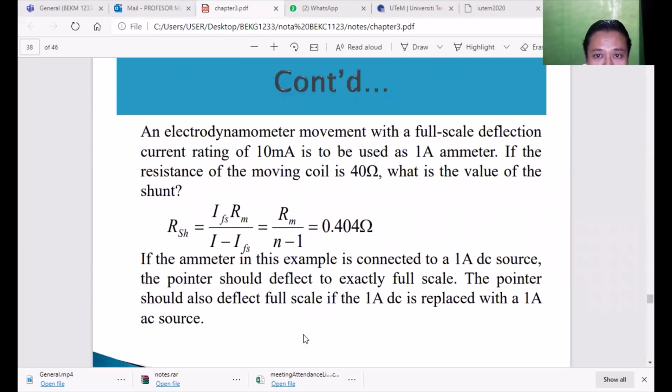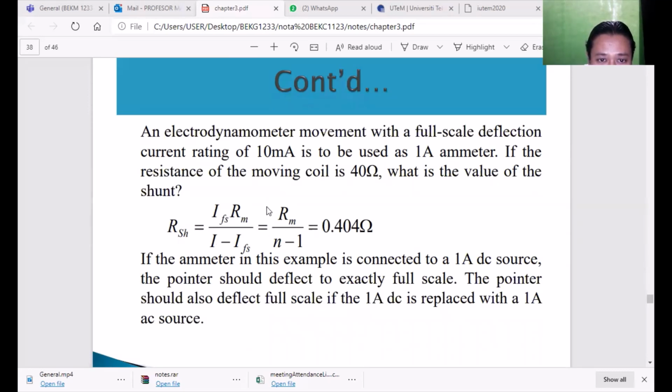The electrodynamometer movement with a full scale deflection current rating of 10 milliamperes is to be used as a 1 ampere meter. If the resistance of the moving coil is 40 ohms, what is the value of the shunt? The formula for shunt resistance is full scale current multiplied by Rm, divided by total current minus full scale current. Substituting and cancelling out the full scale current, it becomes Rm over N minus 1.